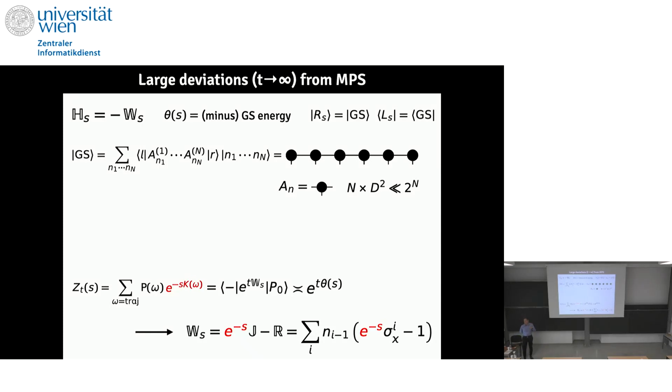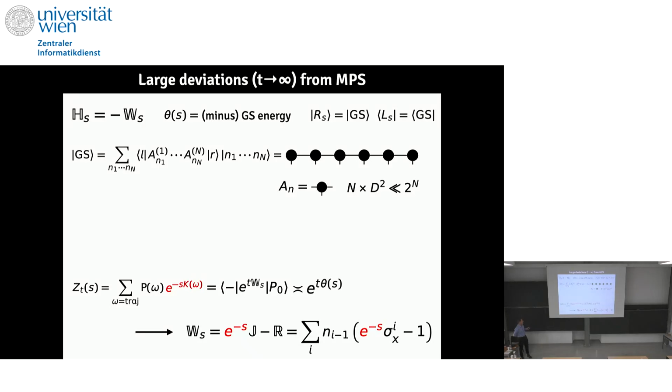So you have 2 to the n coefficients, if you want to describe the problem exactly. So what I can say is, let's assume that those coefficients are built as products of matrices. And these matrices depend on where the matrix sits and what's the value of the spin at that position. So there will be a matrix A when this is 0, and that's in position 1, and so on and so forth. Okay?